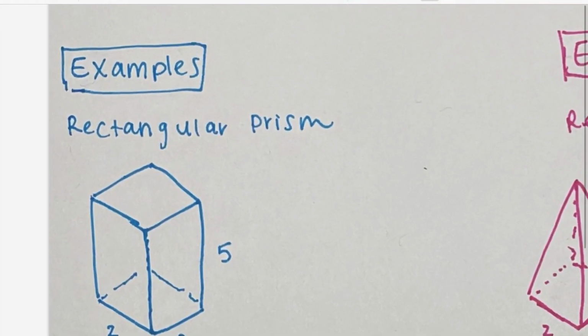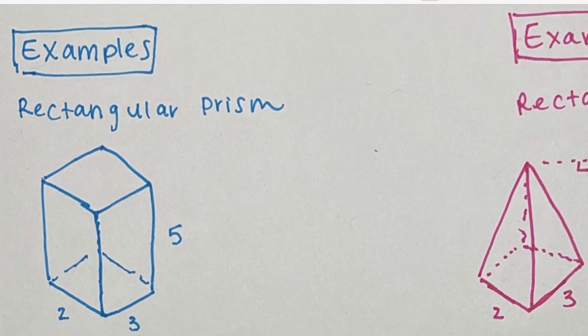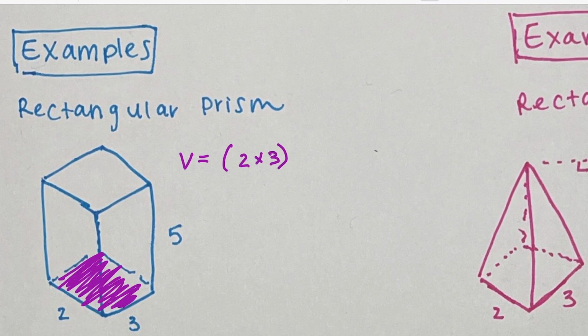So let's take a look at this example. We've got a rectangular prism. Here, you can choose any of the sides to be the base, but let's say I choose this side to be the base. So my volume is going to be the area of the base. The area of this rectangle is just 2 times 3. I don't have units here, but I will add them in at the end.